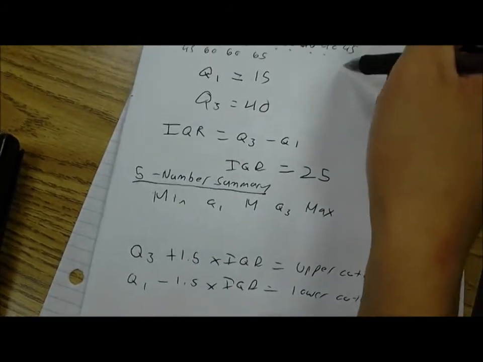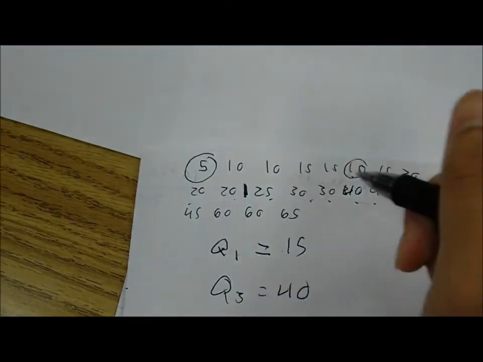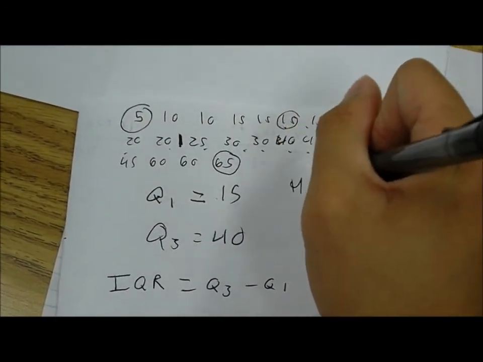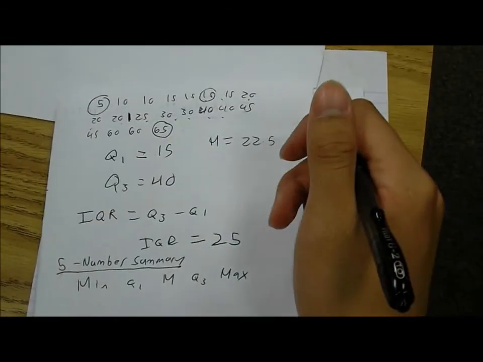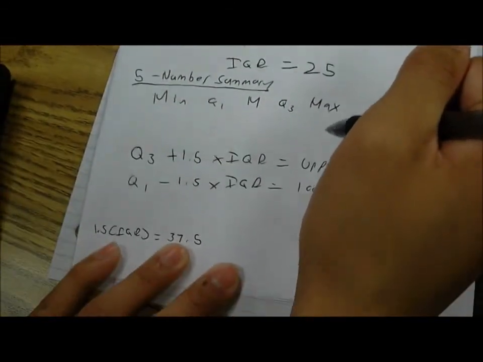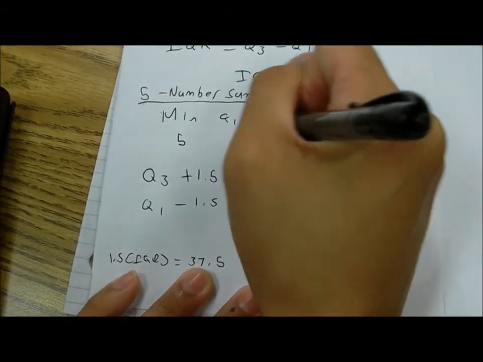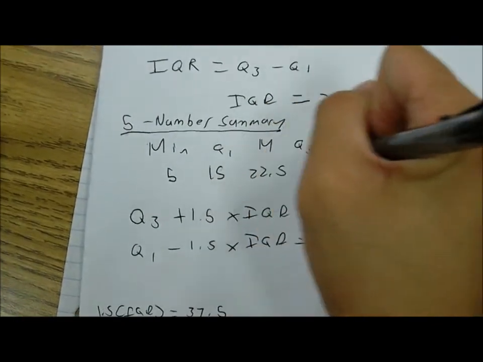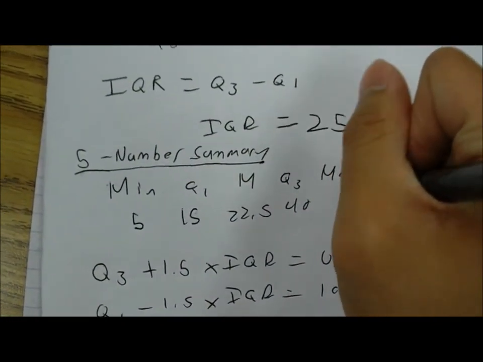Based on our data, the minimum is 5, the max is 65, and we calculated the median was 22.5. So our 5-number summary would be 5, 15, 22.5, 40, and 65.